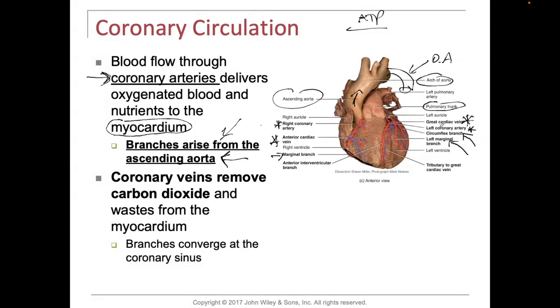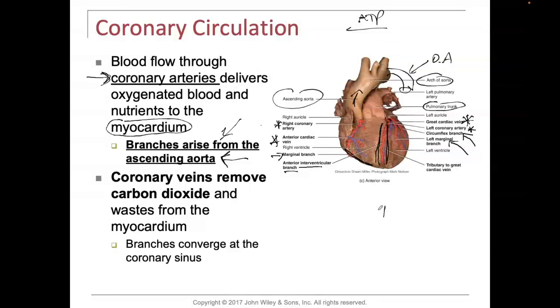Now, off of the left coronary, coming down, there's a very important blood vessel right between the right ventricle and left ventricle, and that's called the anterior interventricular branch. And it kind of follows the interventricular septum. But in that interventricular septum, there's a groove on the outside of the heart.